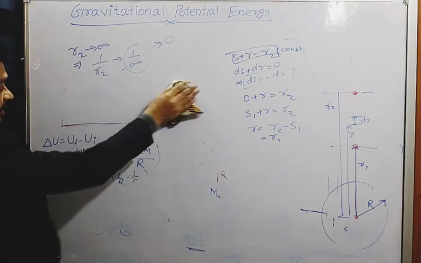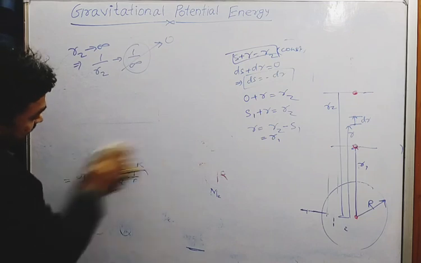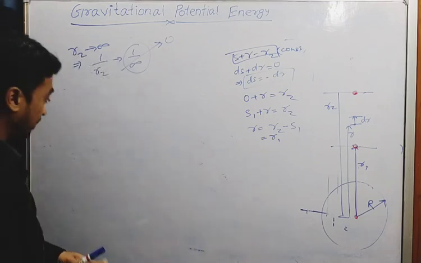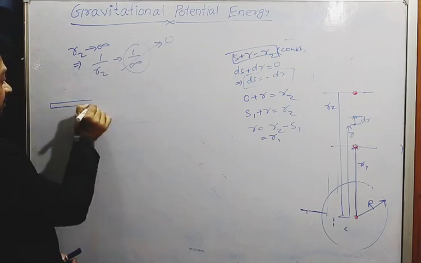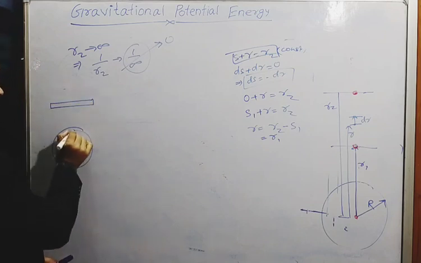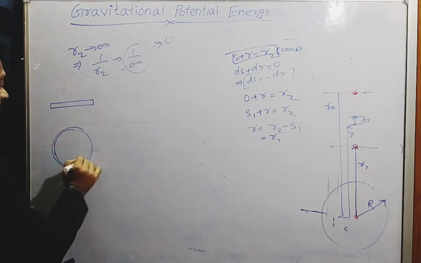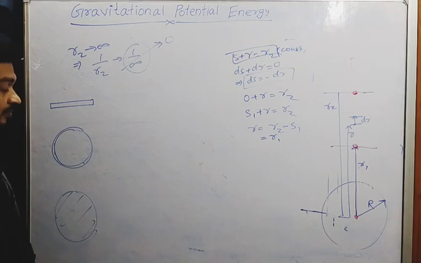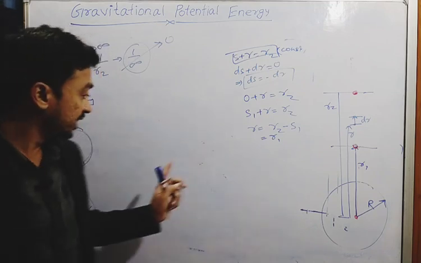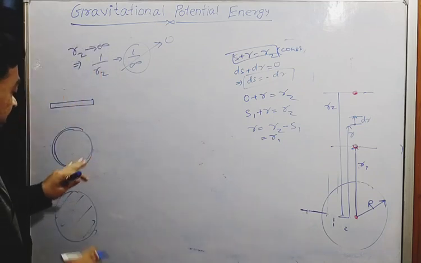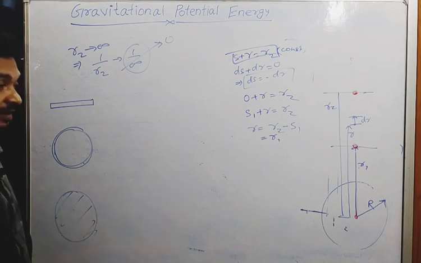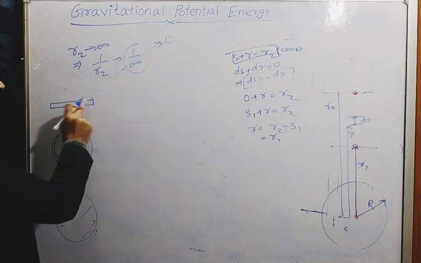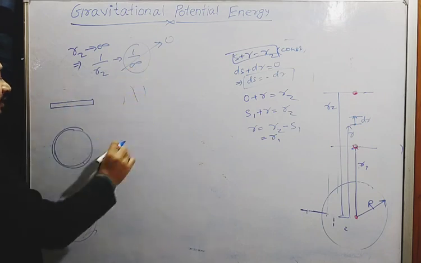We have studied objects of so many kinds: rod, ring, disc. Why are we not taking an object like this? Is this object not valid? No. According to the definition, every object has its gravitational field.